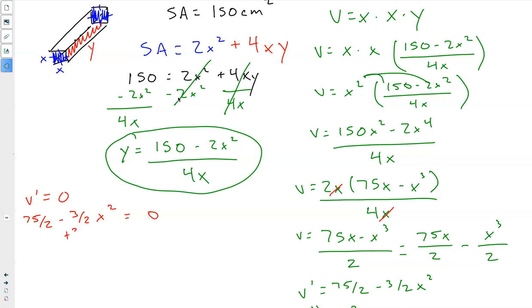So let's solve for x. So plus 3 over 2 x squared. Those will cancel. We're left with 75 over 2 is equal to 3 over 2 x squared.